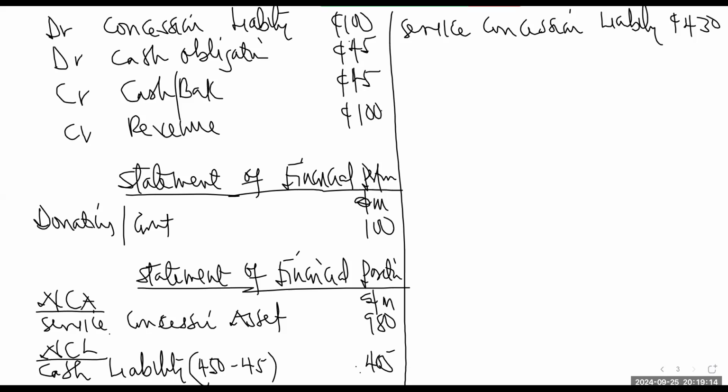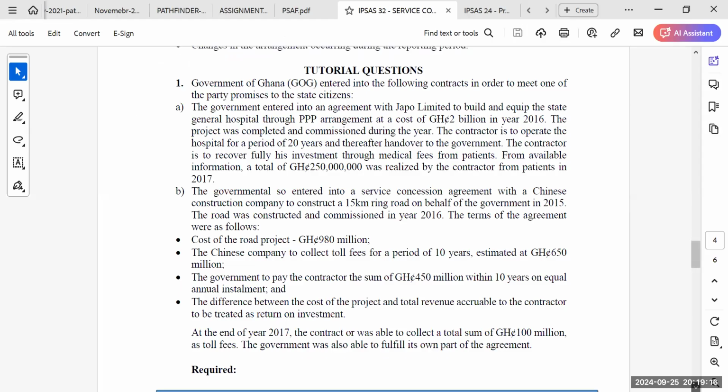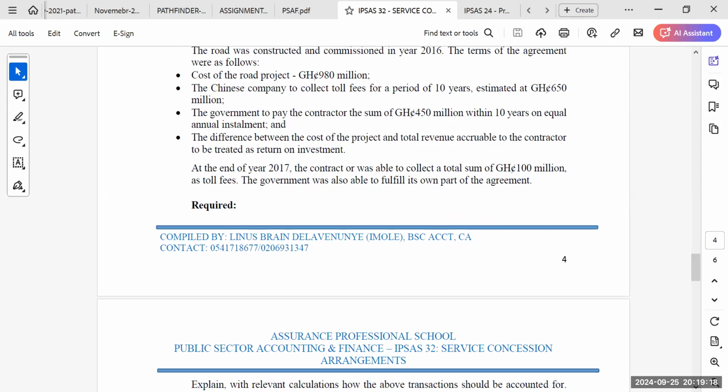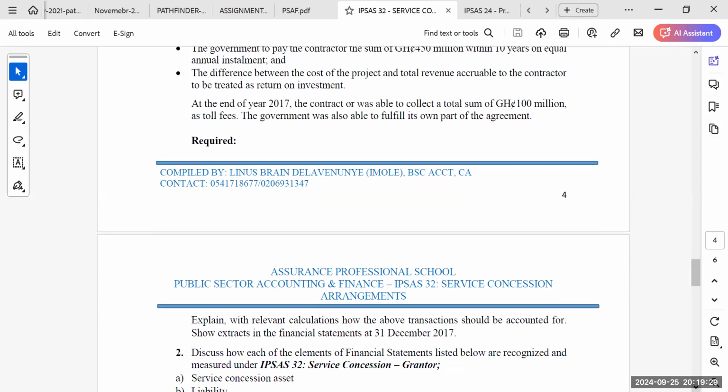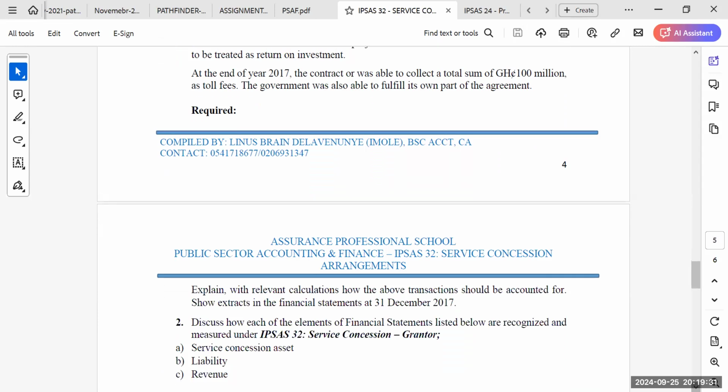Let's take some of the theory now. It is likely that they will ask a theory question that they have been asking in the previous syllabus. Let's look at the example.